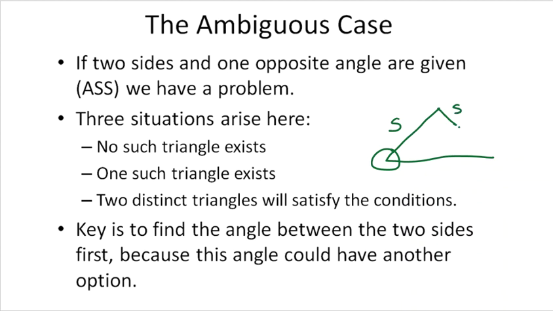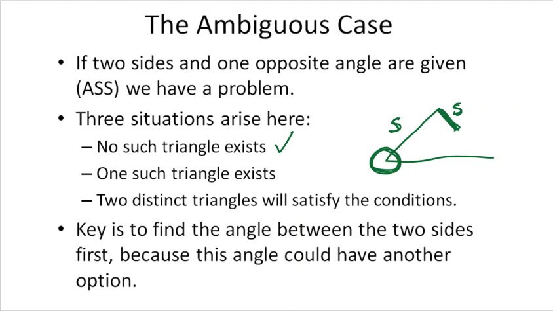If I know these 3 things, this angle right here, this side right here, and this side right here, the first scenario is that this second side is too short to even connect to make a triangle. It's just dangling there, too short, I can't make a triangle. So that's an example where no such triangle exists. It's the ASS scenario, and that second side is just too short, it cannot make it.